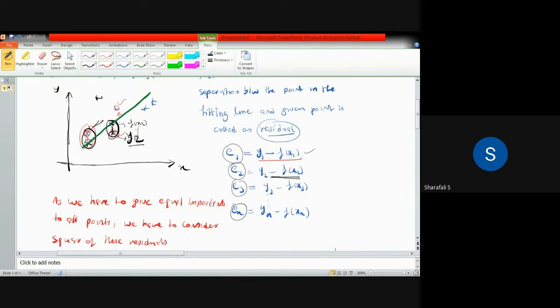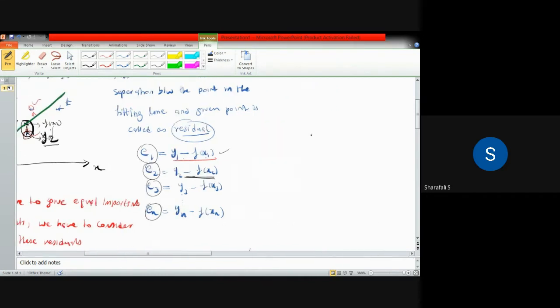Suppose I draw it here. Let us consider this case. If your point is here somewhere, and some points here, and here there are some other points, and so on.